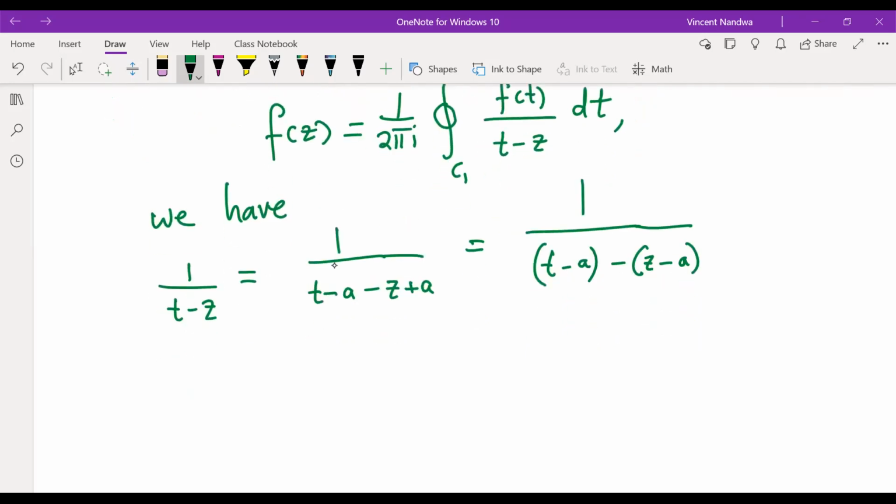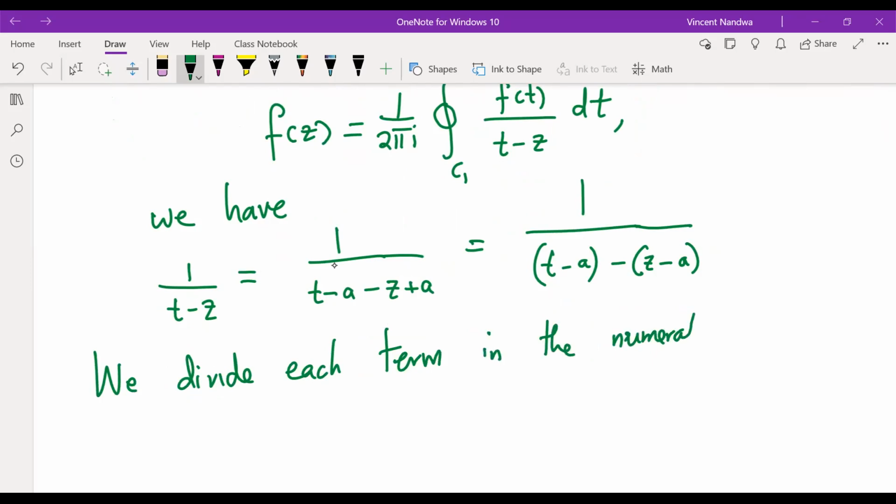Therefore, we divide each term in the numerator and denominator by t minus a.